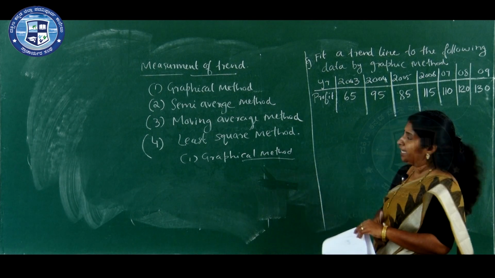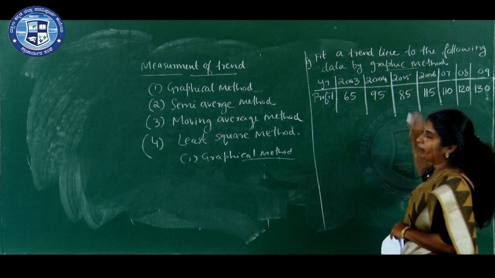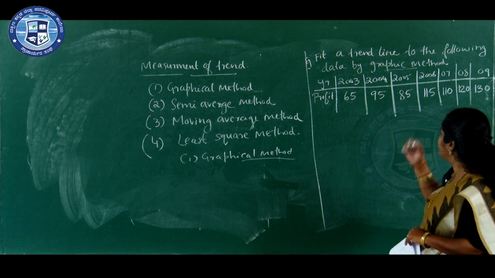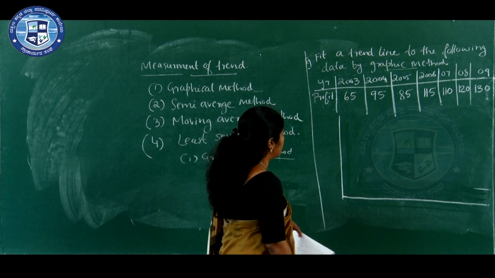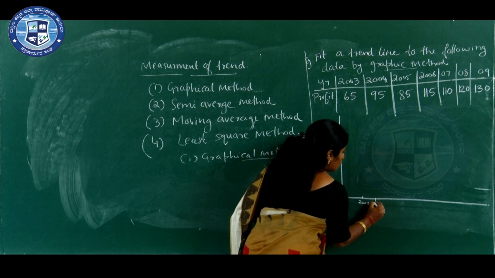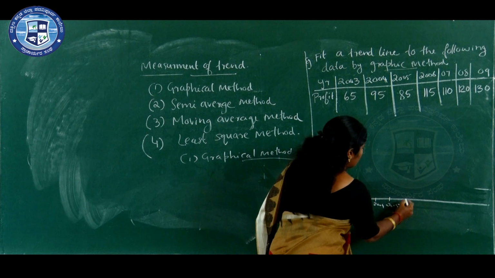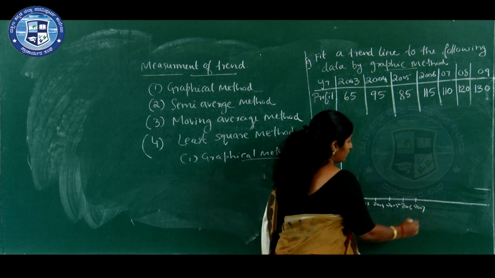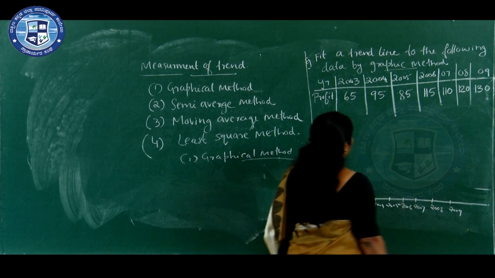Now, let us consider an example. Fit a trend line to the following data by the graphic method. Along the x-axis, you have to consider the years, that is 2003, 2004, 2005, 2006, 2007, 2008 and 2009.